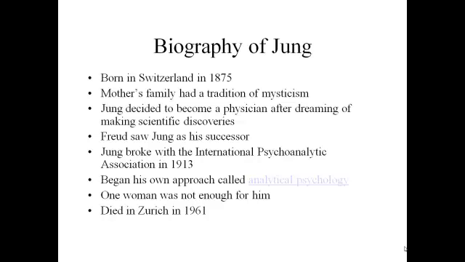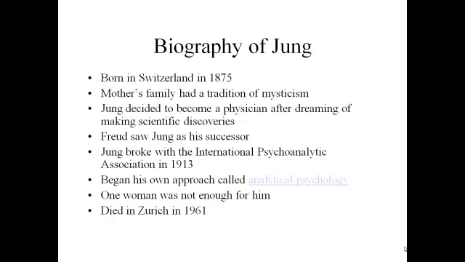A little bit of background about Jung himself. Born in Switzerland, 1875. His mother's family had a little bit of a mystic background, which I think also bleeds into his theory.